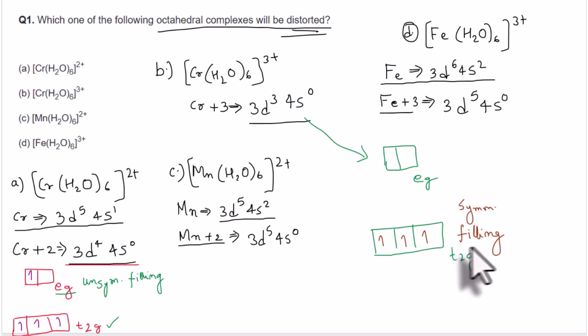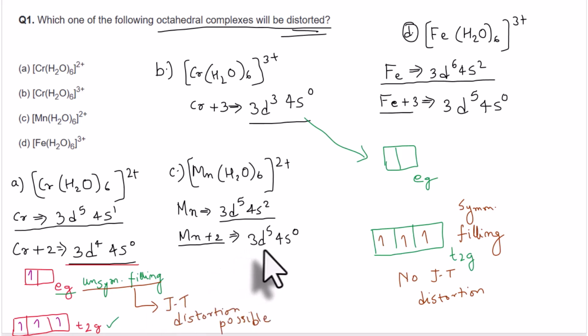So symmetrical filling means no Jahn Teller distortion. In the first option, we saw eg was unsymmetrically filled, so it has a probability of showing Jahn Teller distortion.